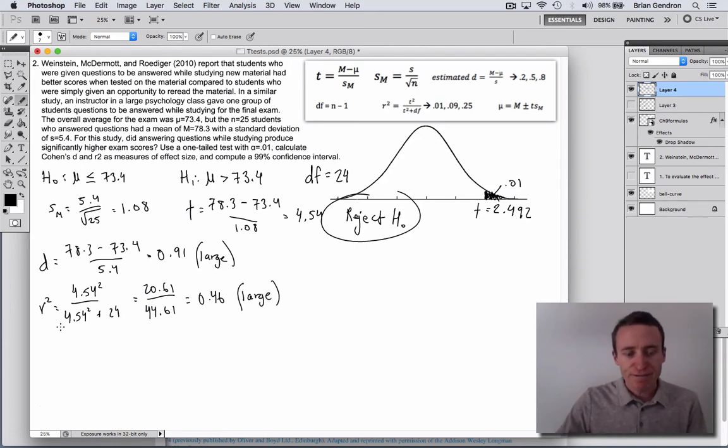Great. Finally, let's go ahead and calculate the 99% confidence interval so that we can estimate the true population mean.